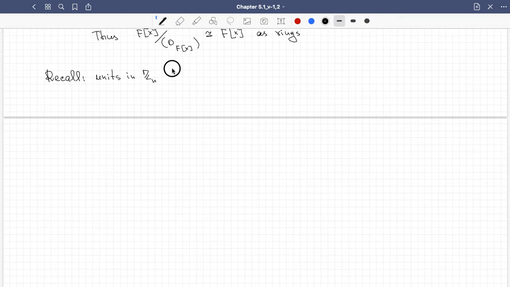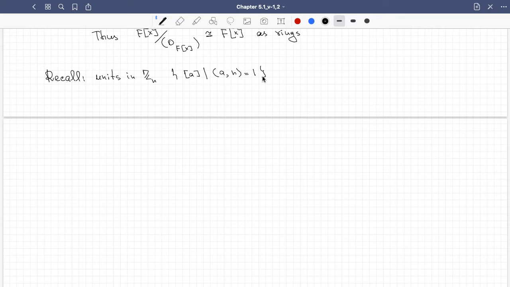This is the set of classes such that the greatest common divisor of A and N is 1.